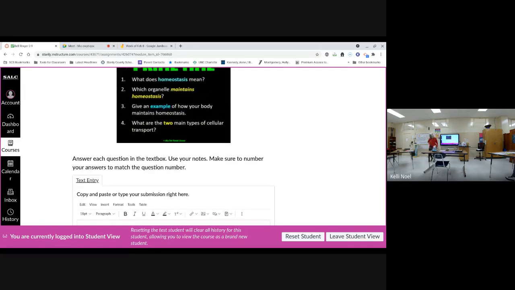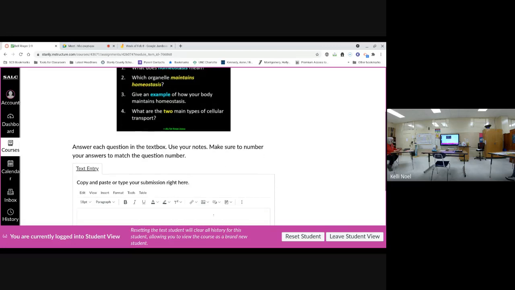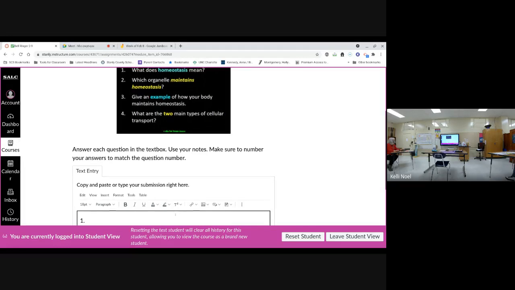So if you have yesterday's notes, you can get the definition and look at it for some of the answers. So homeostasis. So those that were here, what can we put for homeostasis? Keeping what stable? Think about a fever. If we have a fever, our internal temperature is no longer stable.